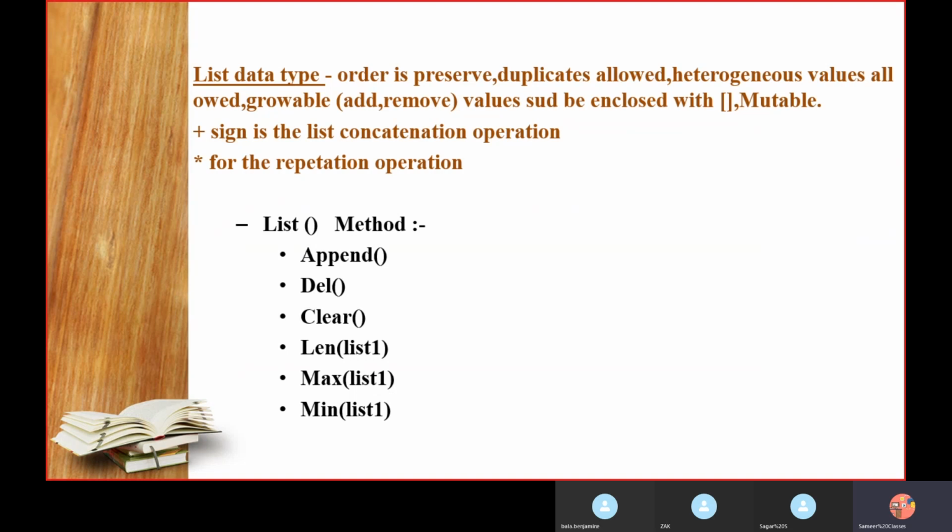The len function tells me how many elements are there in my list. Max works with integer types as well as string character types. Max will tell me the maximum number or maximum alphabet in my list. Min will tell me the minimum number or minimum character in my list.